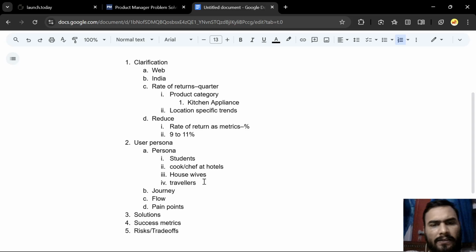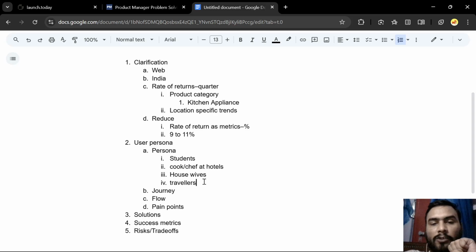Okay, I can think of four groups. The student group is someone who has gone to a new city for study, and they are trying out cooking for the first time. For them, finding a proper kitchen appliance is tricky because they do not know. Although they have done their research, what they see on the page and what they get, and how to utilize it, is different. I think a student is a good group for this return problem we were facing.